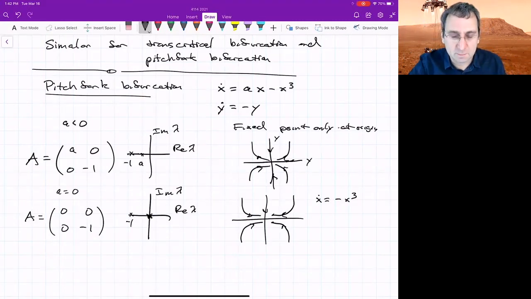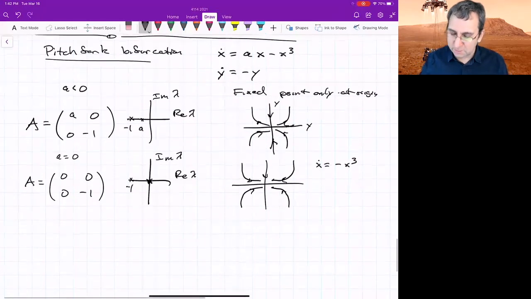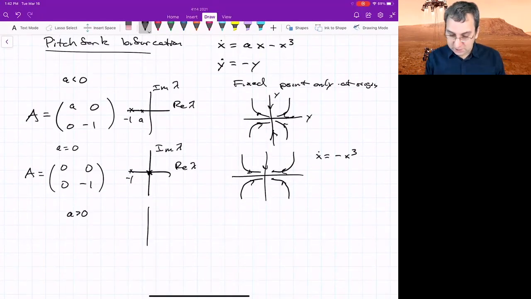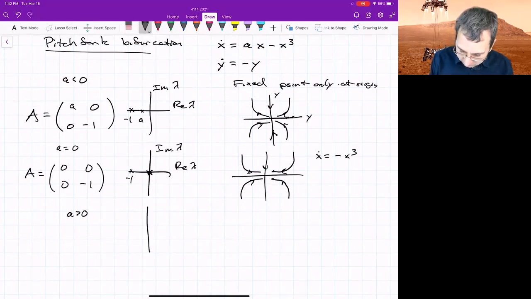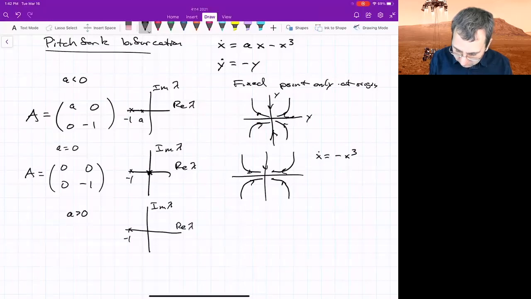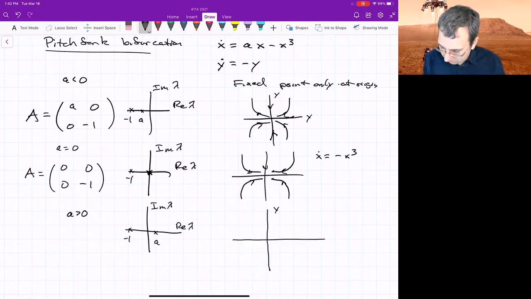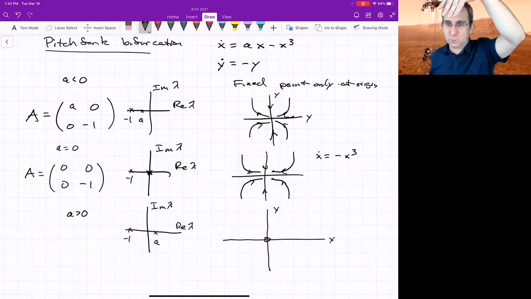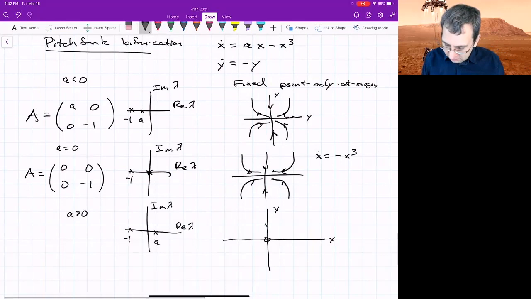And then for a greater than 0, now you pick up 2 new fixed points. Now, instead of just the origin, we've got other points. So what do we have at the origin? Now we've got a on the right half side. So we've got a saddle at the origin. We write y and x again. This becomes a saddle. Things are still coming in along the y direction towards x. So that is the stable direction.